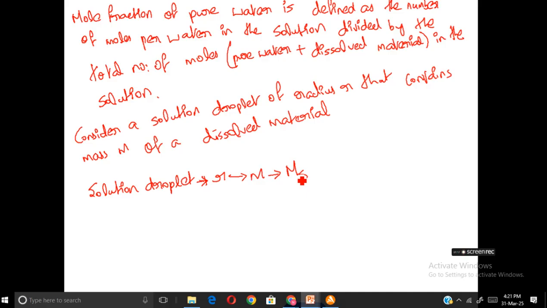If each molecule of the material dissociates into i ions, so once it dissolves, it dissociates into ions, the effective number of moles of the material in the droplet is given by: each molecule gives i ions.